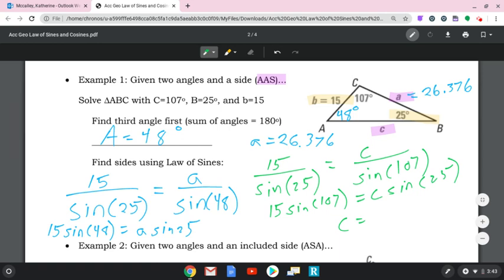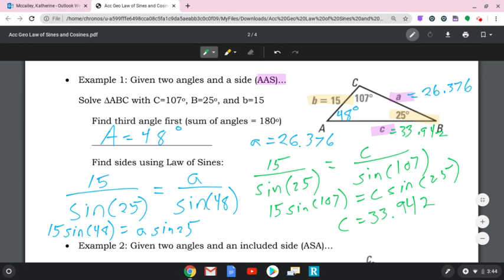I'm going to close the parentheses and then divide it by sine of 25. And you're going to get C to be approximately 33.942. And you're going to see, guys, we solved for every unknown in our triangle using law of sines.